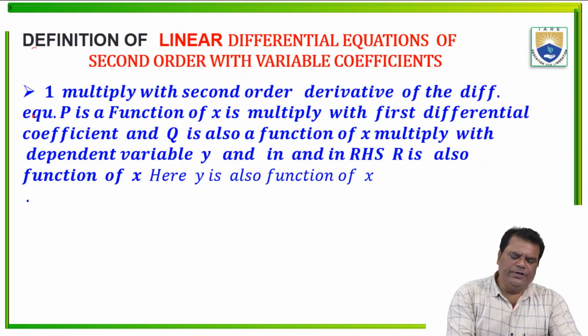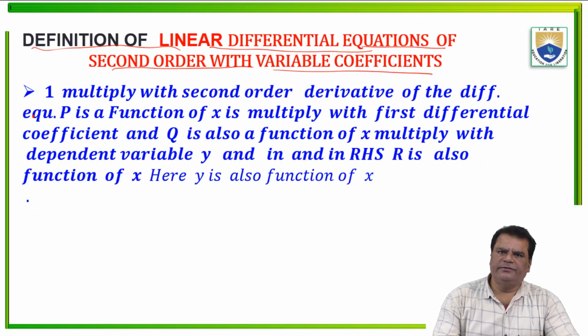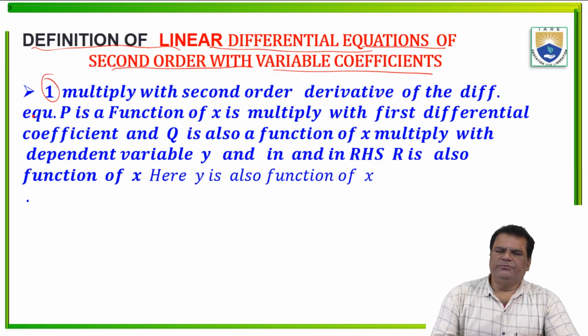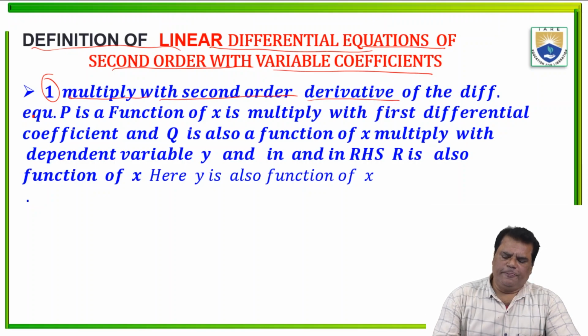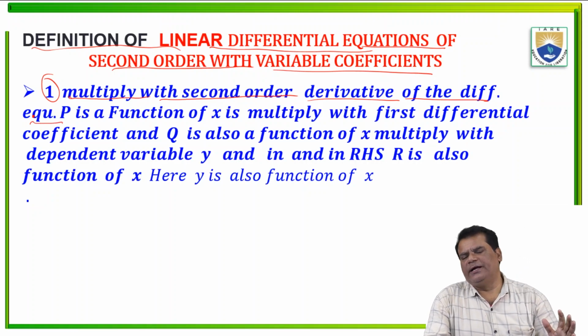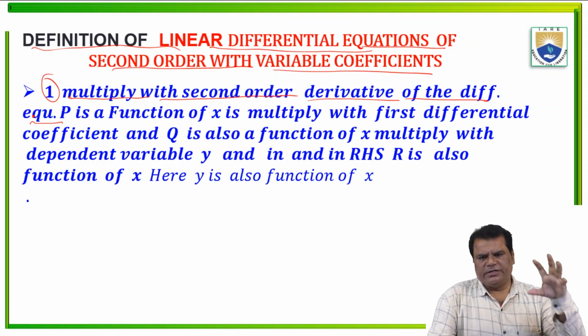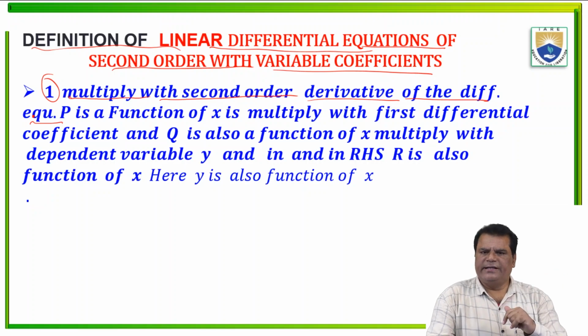So now, the definition of a linear differential equation of second order with variable coefficient. One number is multiplied with the second order derivative of the differential equation in the first term. There are three terms in the left hand side of our given differential equation and one term in the right hand side.